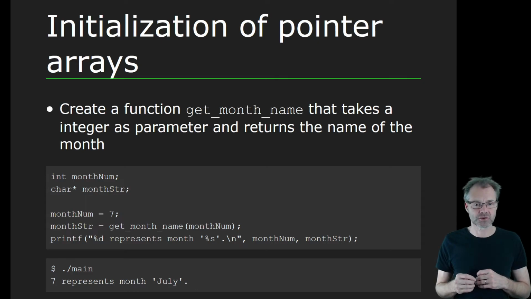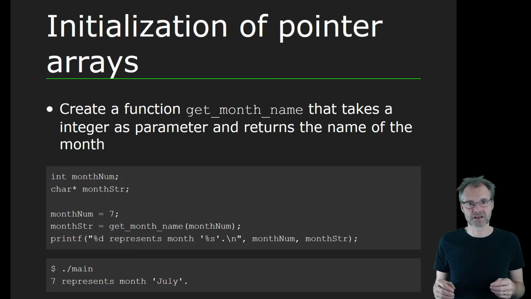I'm also going to store one extra string saying this is an invalid month. So when the user sends in a negative number or a very high number not representing a month, I need some error message to send back, and I'm just saying no such month.